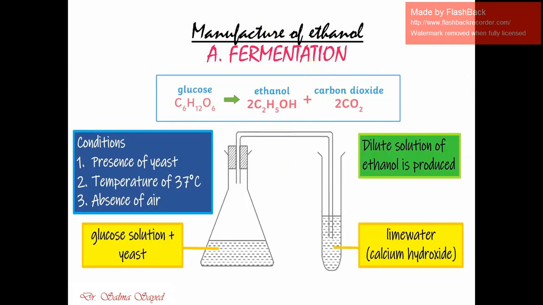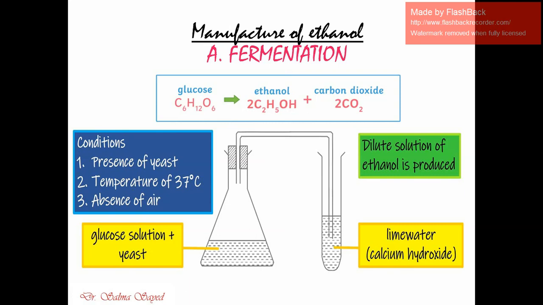In each method of manufacture, you need to illustrate the different conditions necessary for the reaction. And in the end, we'll be carrying out pros and cons or a compare and contrast between both techniques.